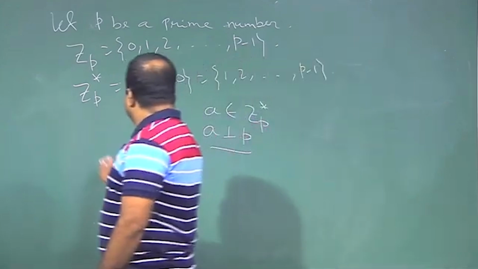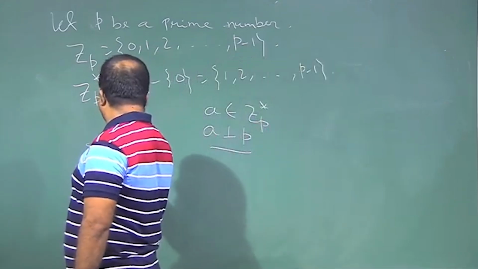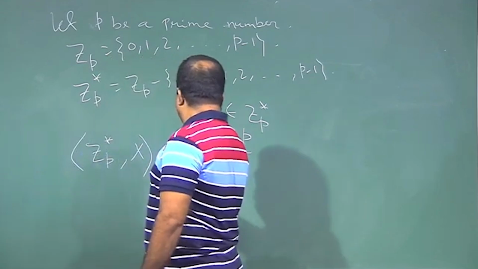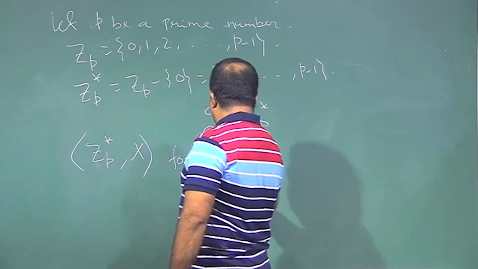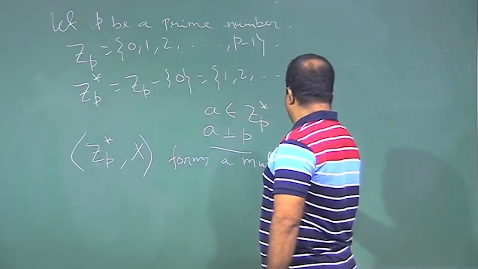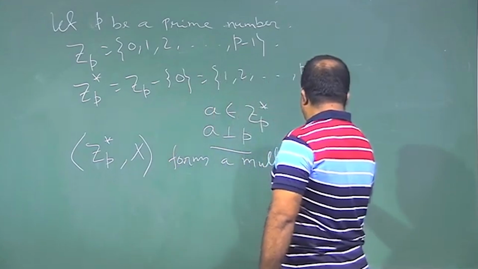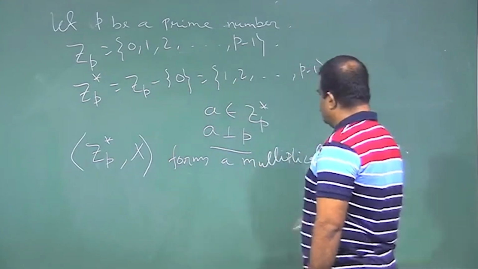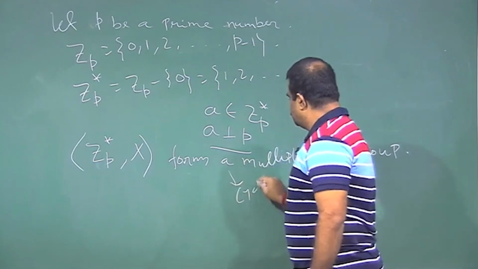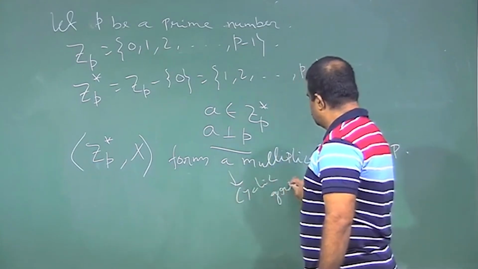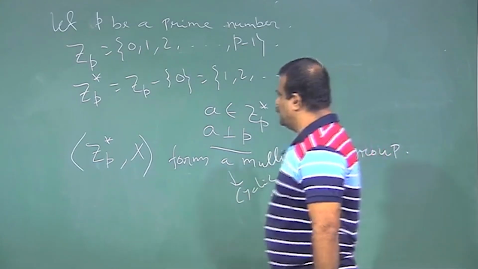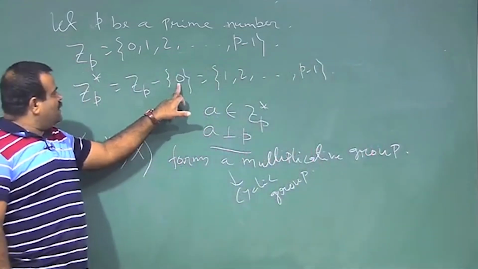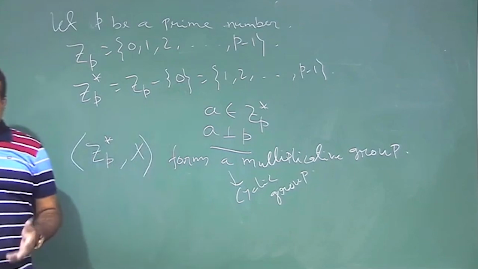This means Zp star will form a multiplicative group. Basically this is a cyclic group. Okay. We are just removing the additive identity element.